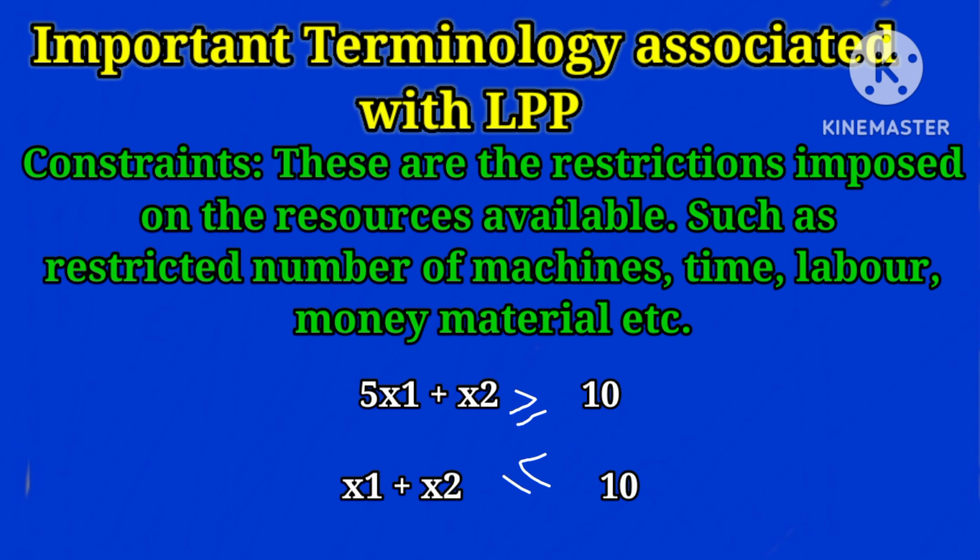Okay, and it involves a minimization problem. And example 2: suppose I want to produce 1 unit of x1 and also 1 unit of x2, less than or equal to 10. That means it involves a maximization problem. So these are the two constraints.